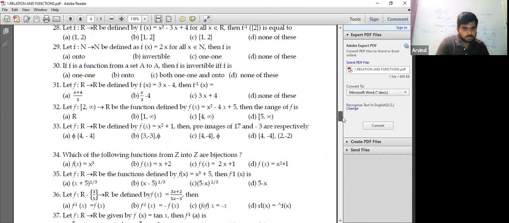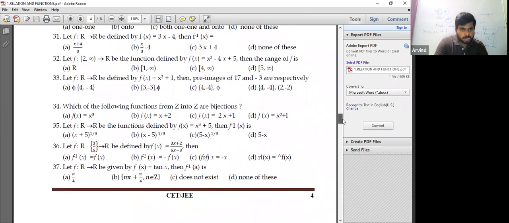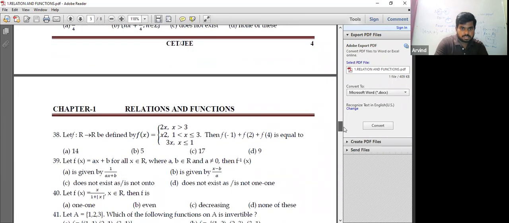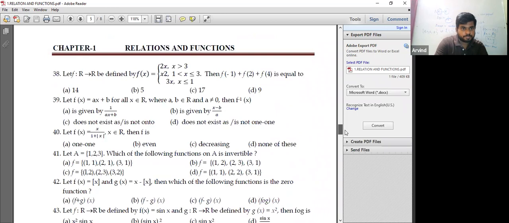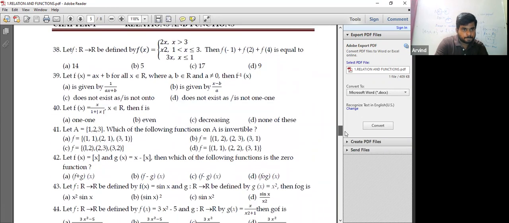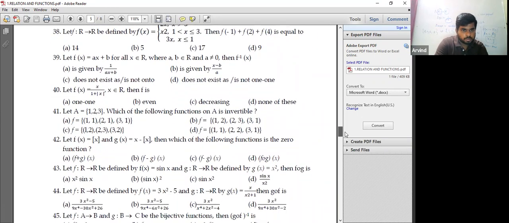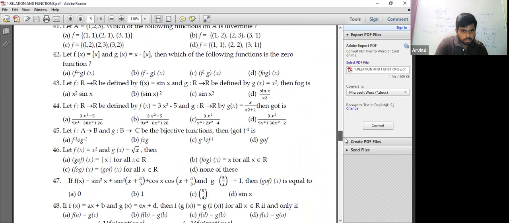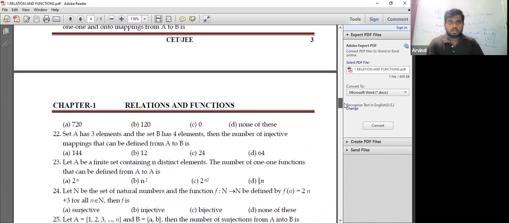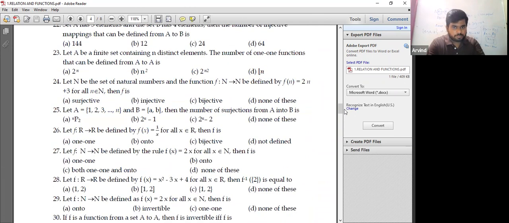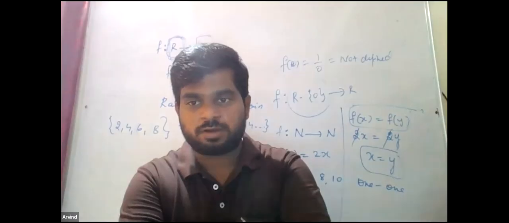Tomorrow I'll discuss inverse functions, and after discussing, I'll share this paper. Okay, so mark it down. We have discussed till the 27th one. Tomorrow I'll start from the 28th one: inverse functions and invertible functions.